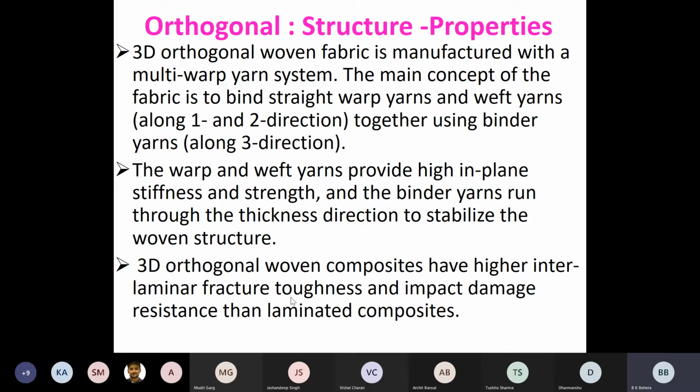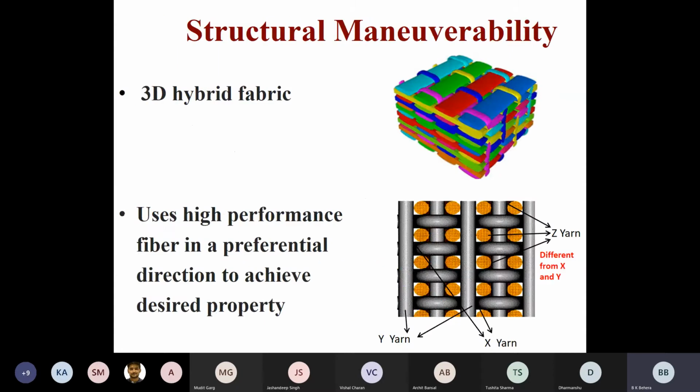The interlaminar strength means very less possibility of delamination, and impact damage tolerance. When the structure is subjected to impact force, the impact damage tolerance also is very high in the composite made from these structures. So these are some of the specialities of these orthogonal 3D solid structures.